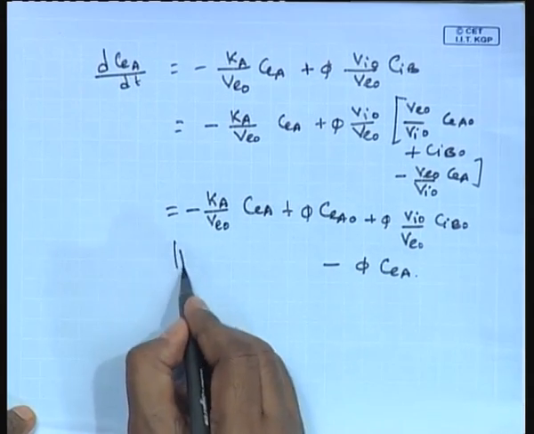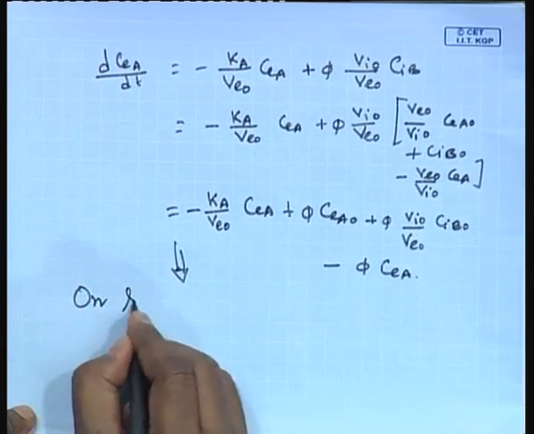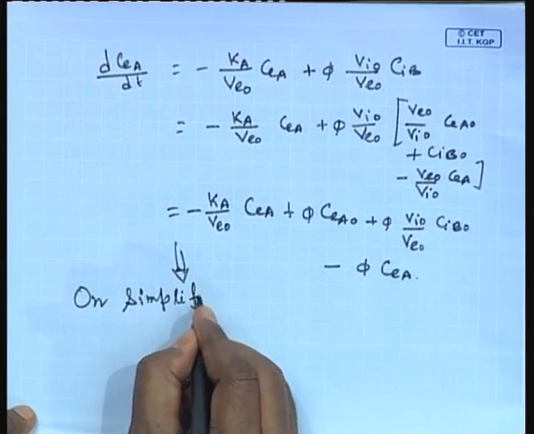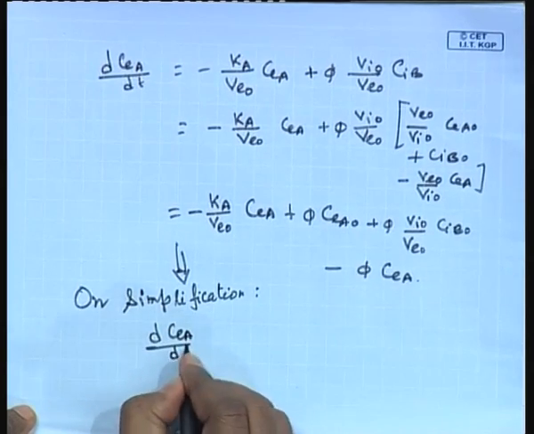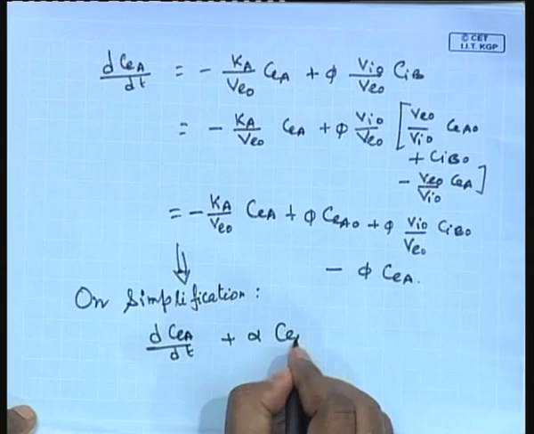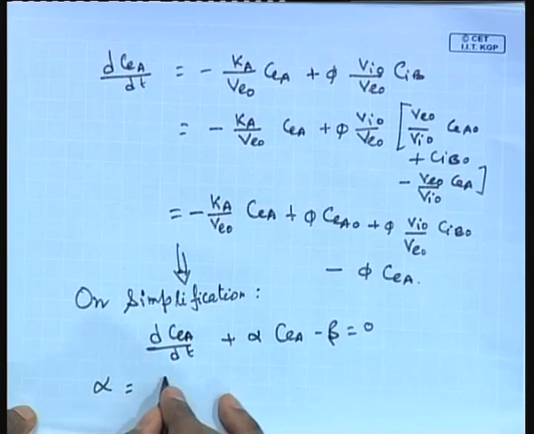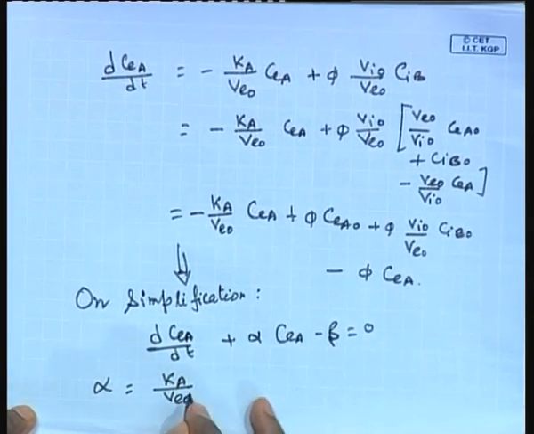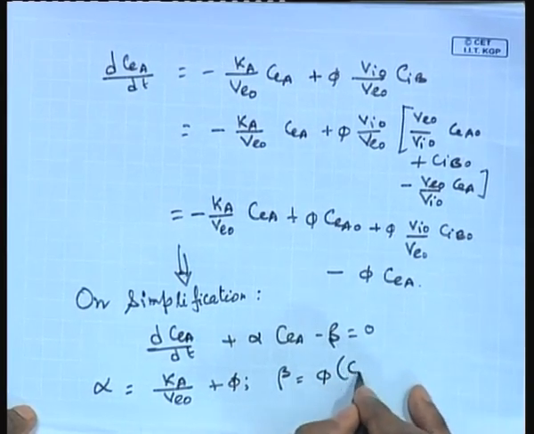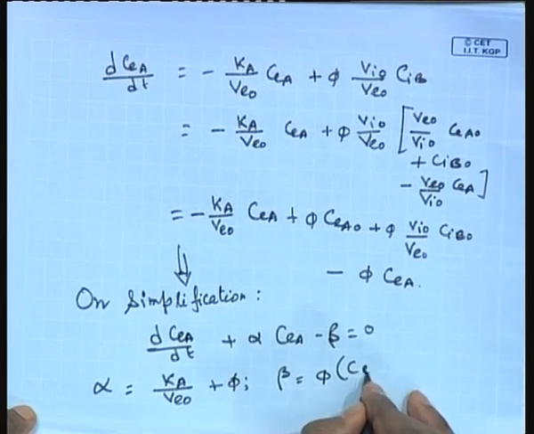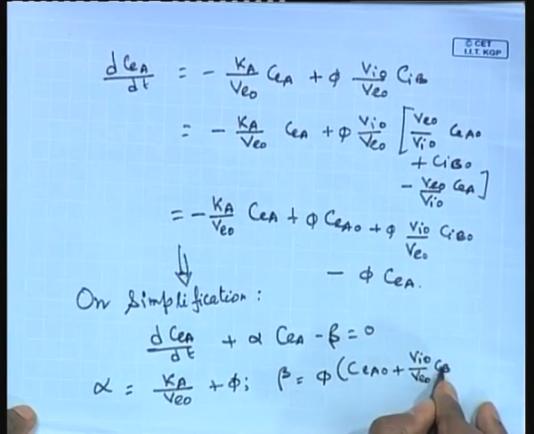Now, this equation can be written in this form on simplification: dCEA/dt plus alpha times CEA minus beta will be equal to 0, where alpha is equal to KA divided by VE naught plus phi, and beta is equal to phi times CEA naught plus VI naught divided by VE naught CIB naught.